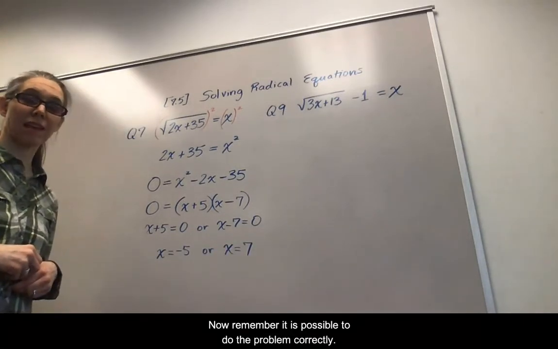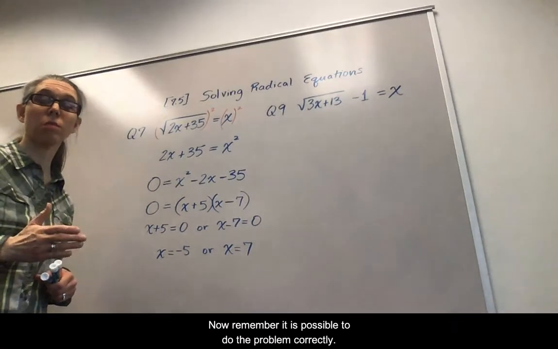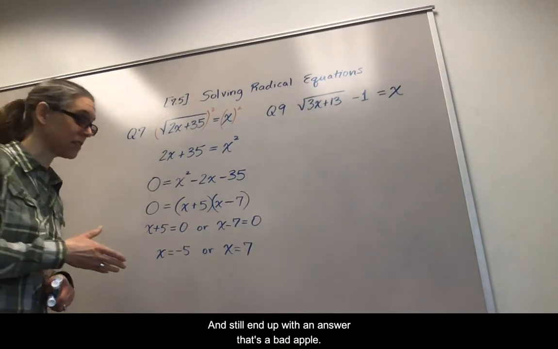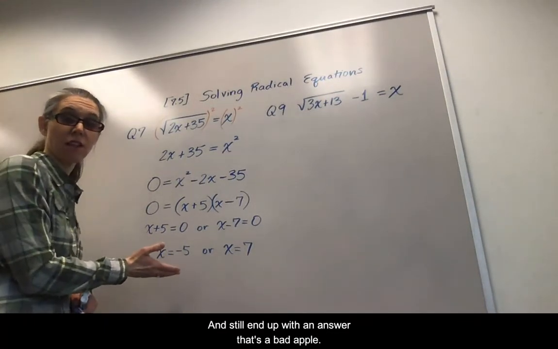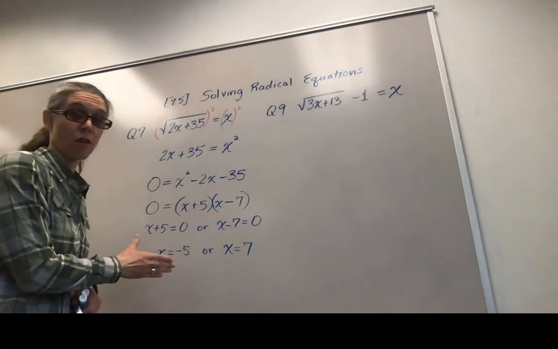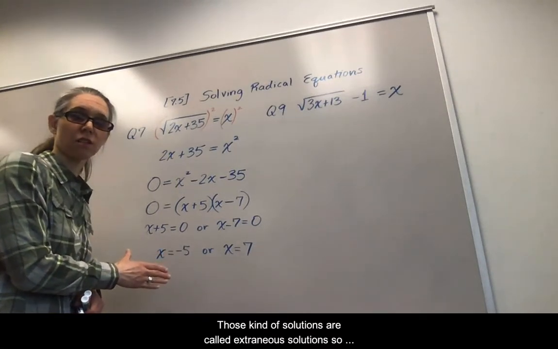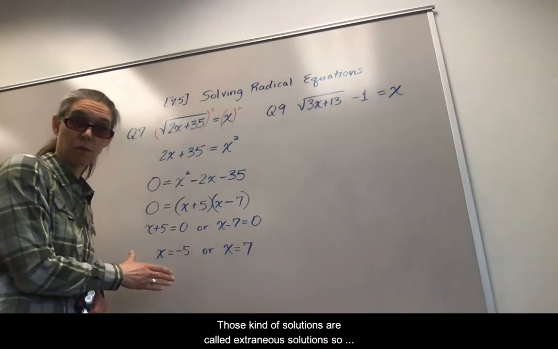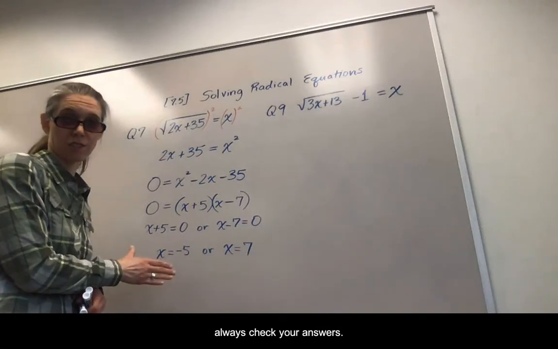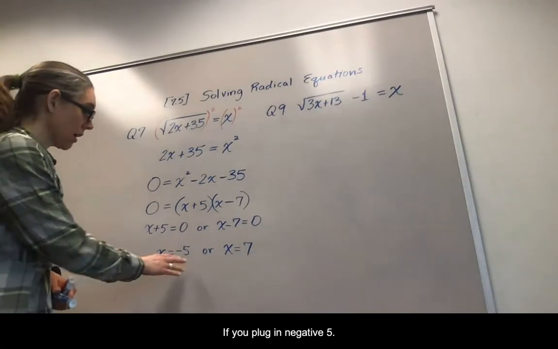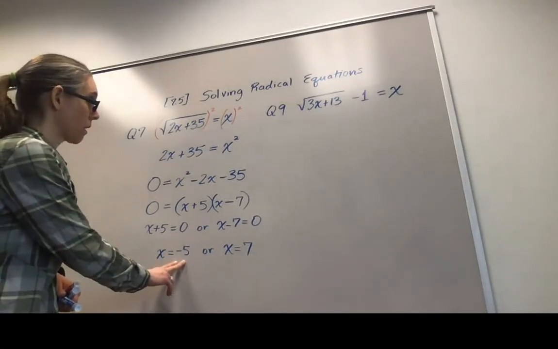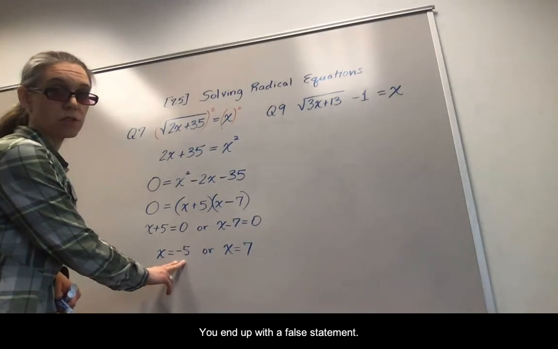Now remember, it is possible to do the problem correctly and still end up with an answer that's a bad apple. Those kind of solutions are called extraneous solutions. So always check your answers. If you plug in -5, you'll end up with a false statement.